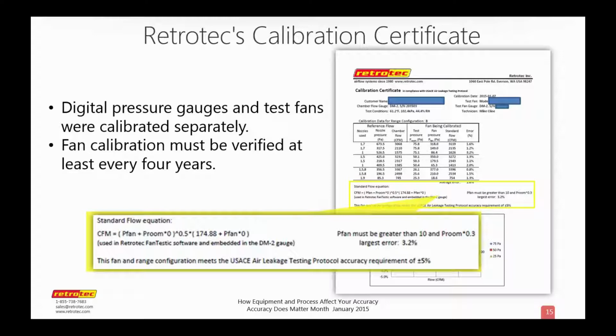This 4 years is the U.S. Army Corps of Engineers protocol, which says 4 years. The state of Vermont might say every year, it might say every 2 years, and what you must do is according to your local jurisdiction.